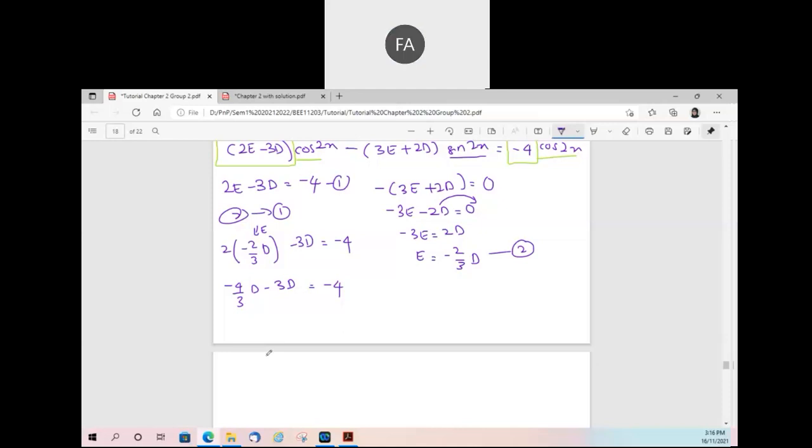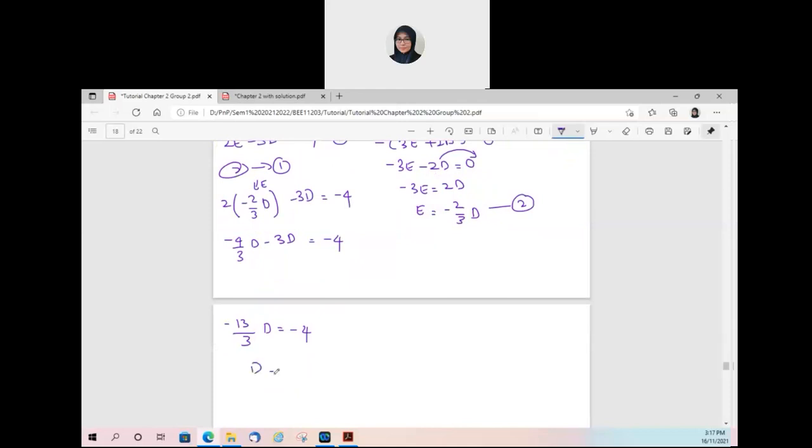Negatif 13 over 3 D equals to minus 4. Okay. Then D equals to minus 4 times minus 3 over 13, so equals to 12 over 13. Okay. So our D is 12 over 13.